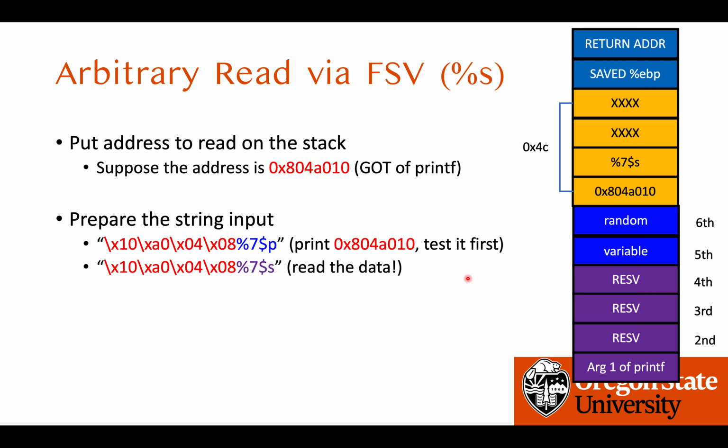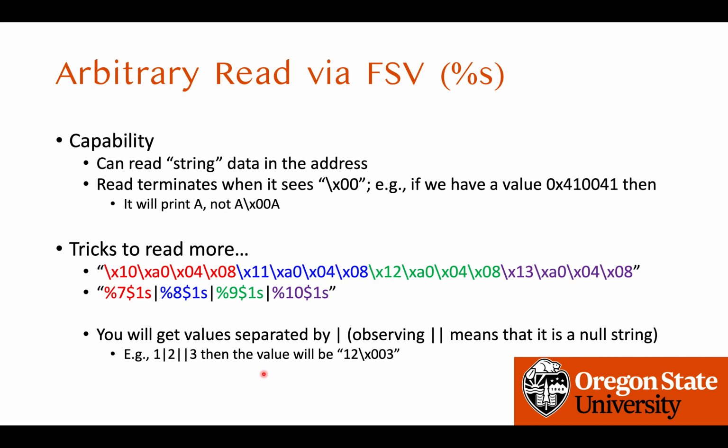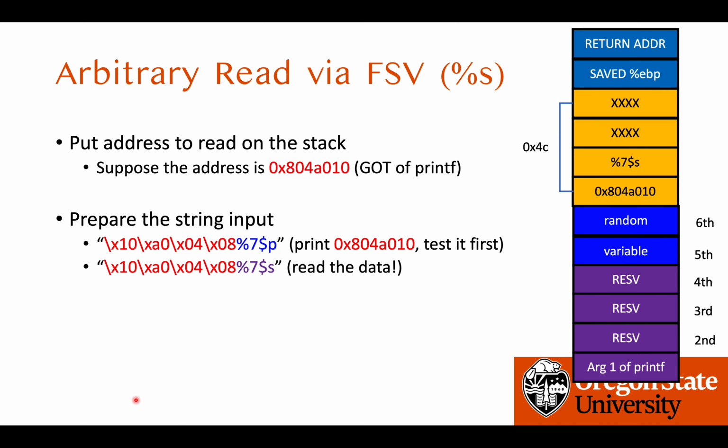Please test it first, so you can see your input as a hexadecimal integer here. Then if you change this p into s, %s will dereference this as an address, go to the address, get the data and print it out. So by supplying the address in the buffer, choosing that as an argument and running printf with %s, printf will go to this address, read the content and print the data as console output.